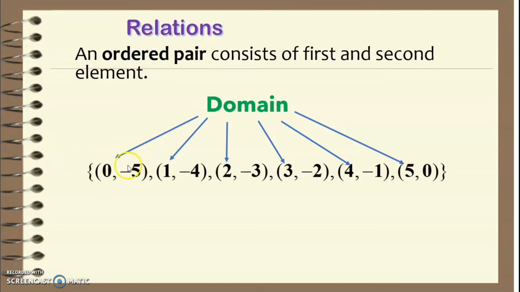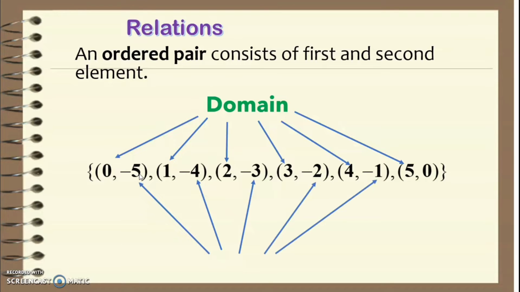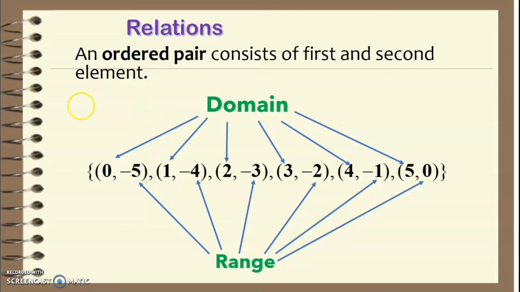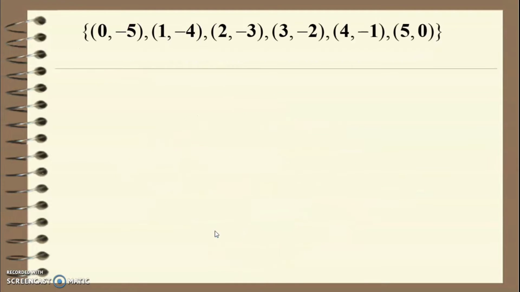Ito namang second element, itong -5, -4, -3, -2, -1, and 0 ay tinatawag nating range. So, lahat ng first element, yan ay domain. Lahat ng second element, or Y, yan ay tinatawag na range.